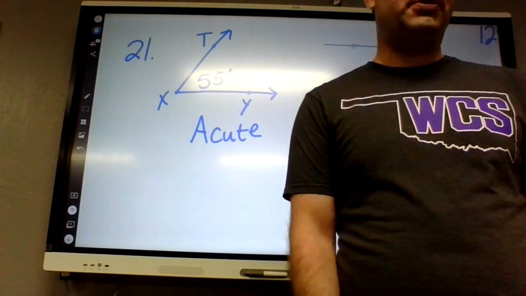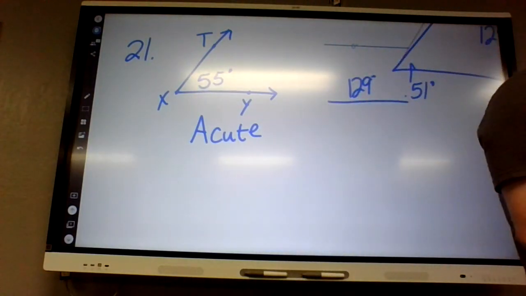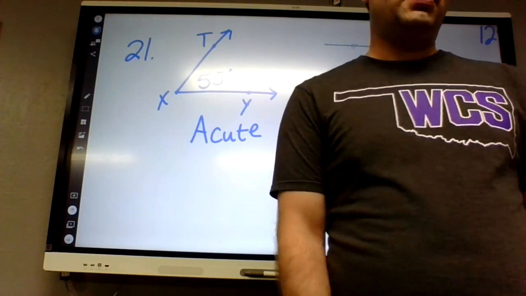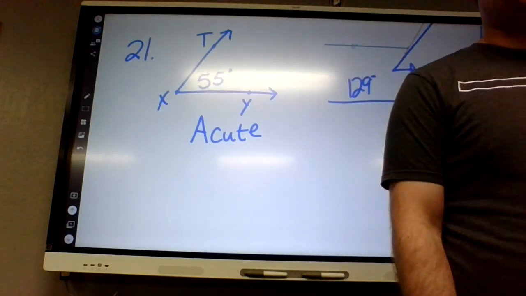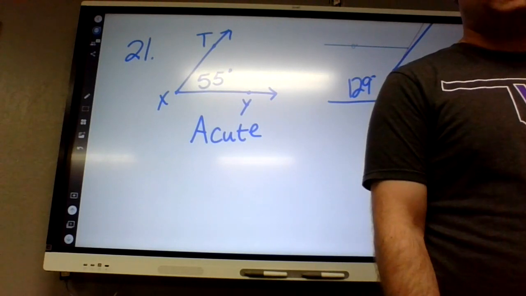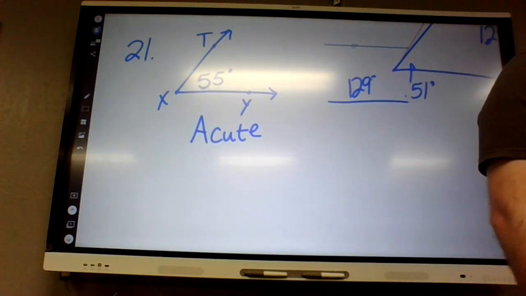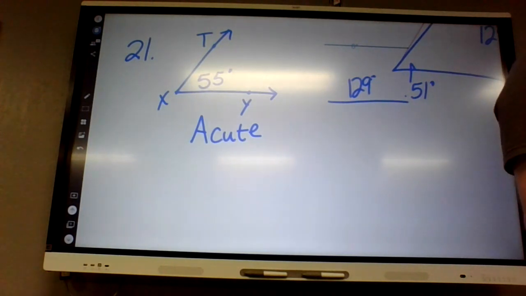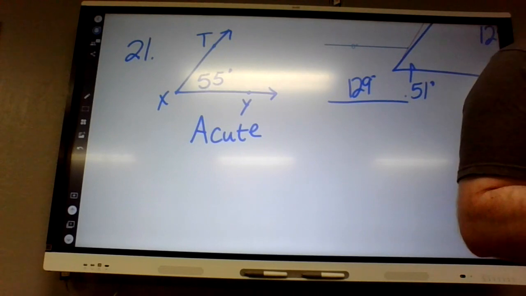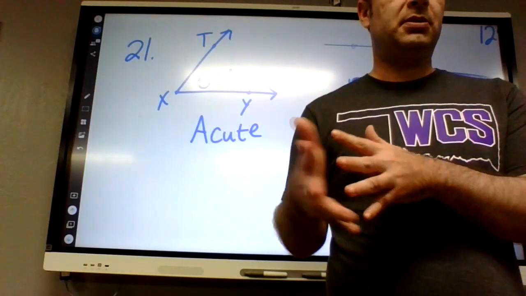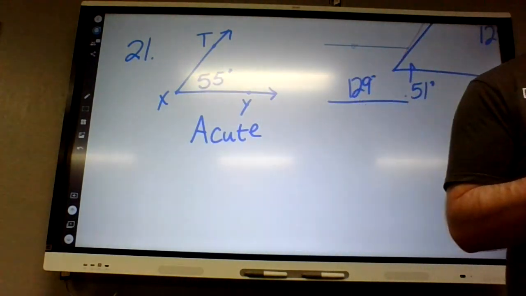Jumping down to number 29, it says use a protractor to draw the angle that's congruent. Basically, you would just measure the angle and then repeat it, but you can just measure the angle and say what kind of angle it is. So for 29, say it was like 125 degrees, so just put 125 degrees. We're only going to 30.